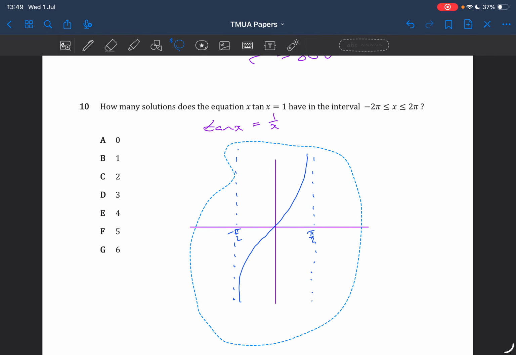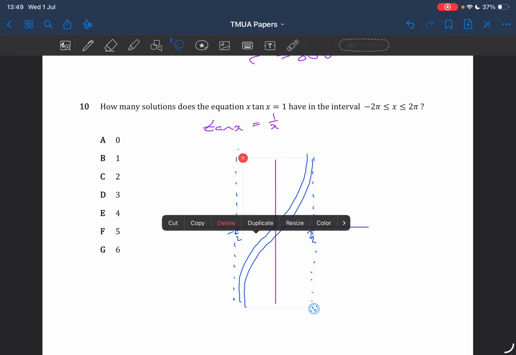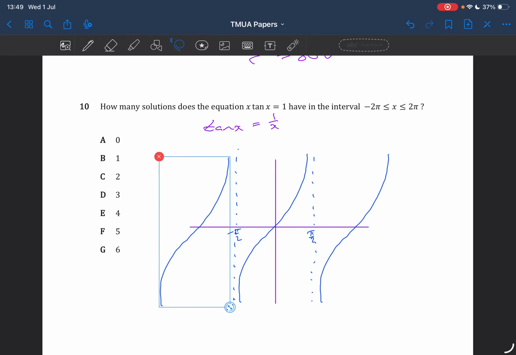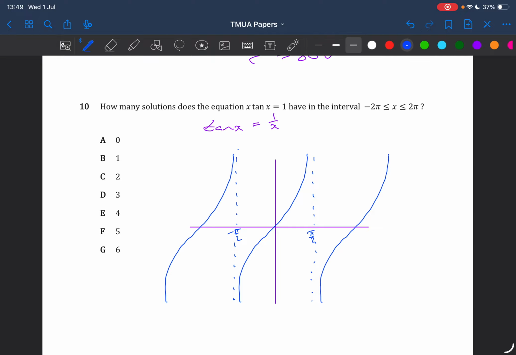This thing should be repeated over there, and again over there, where we will have more asymptotes. And these ones now are at 3 pi on 2. And then we'll get another half of the shape. On the right hand side, we'll come from the bottom, but we won't get all the way through. And on the left hand side, we will go from the middle up to the top.